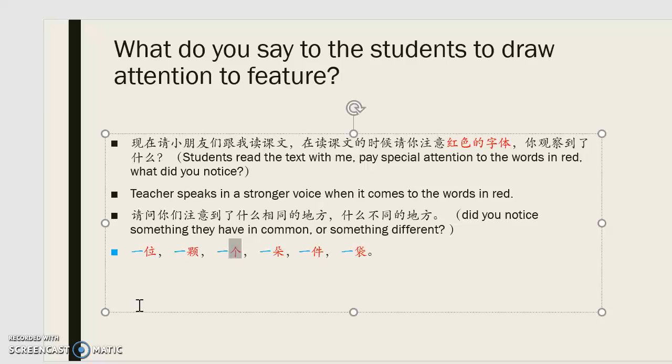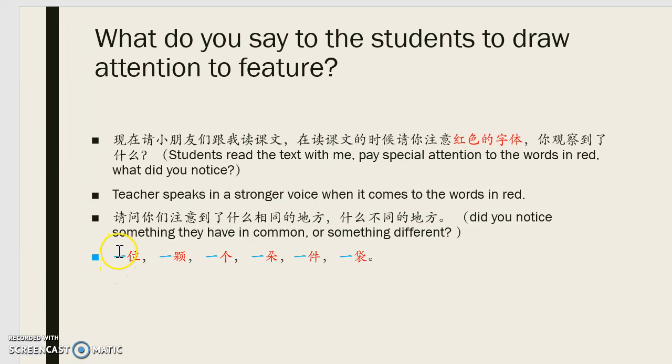First I will let students read the text with me, and when I read the story, I will use a stronger voice when it comes to the measure words that I colored in red. And I will also ask students, did they notice something about the red color words?